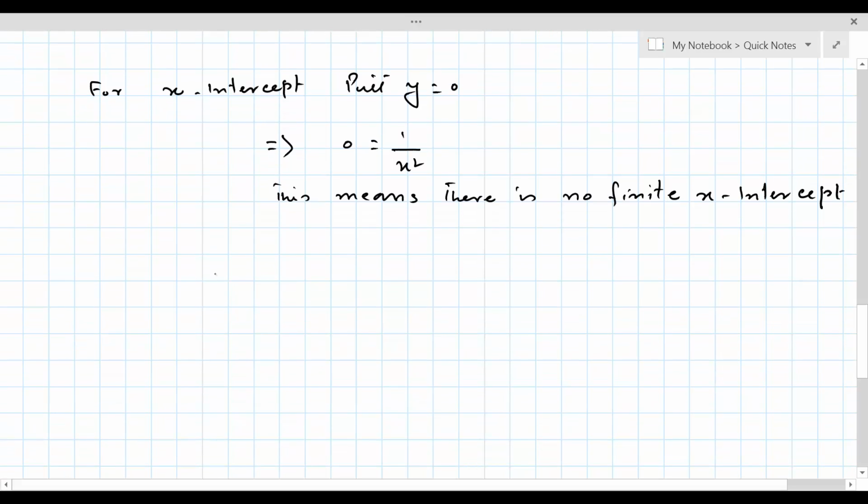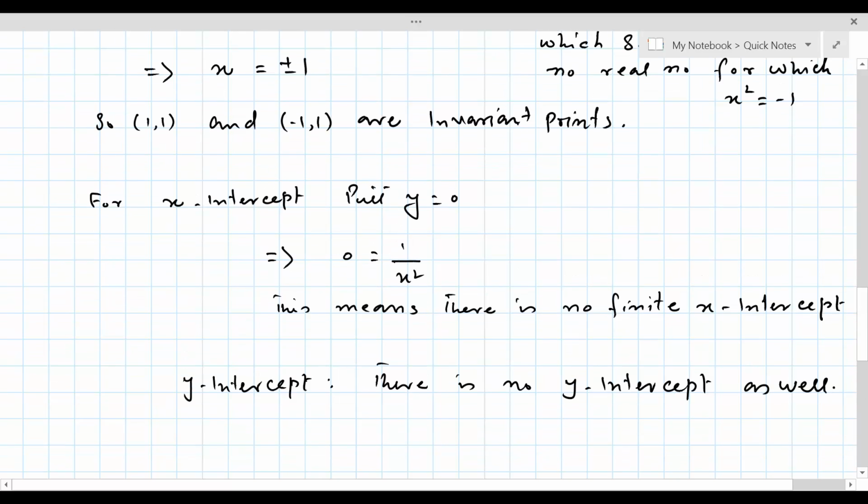Similarly, for the same reason, there is no y-intercept as well.